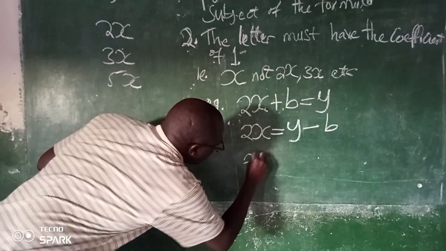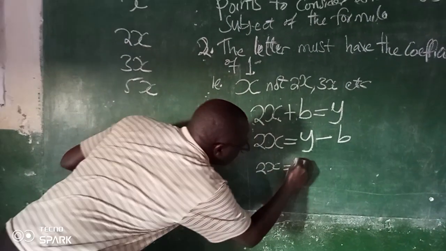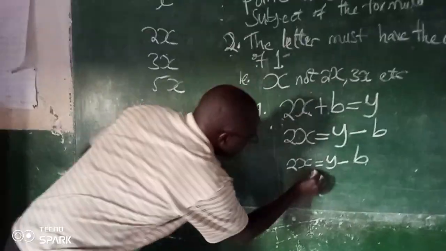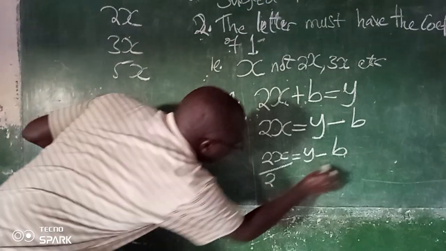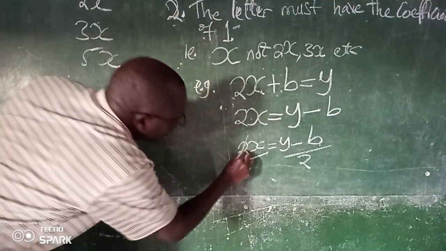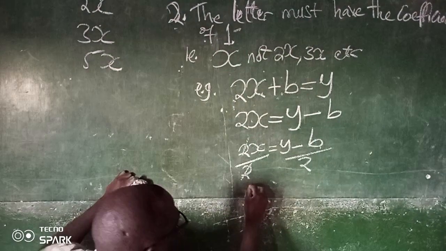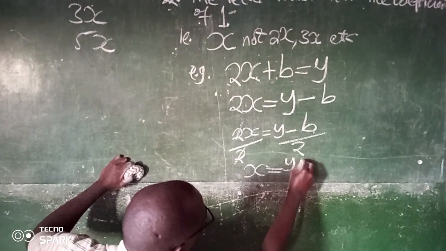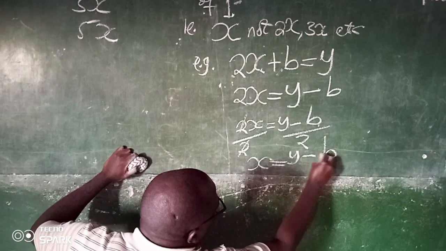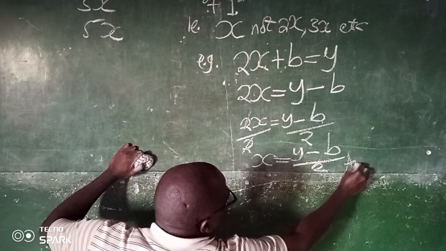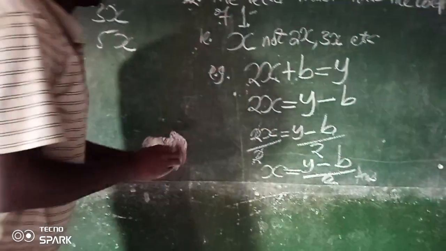We write 2x is equal to y minus b, divided by 2 both sides. So this 2 will cancel out this 2. So our answer is x is equal to y minus b over 2. This is our answer.